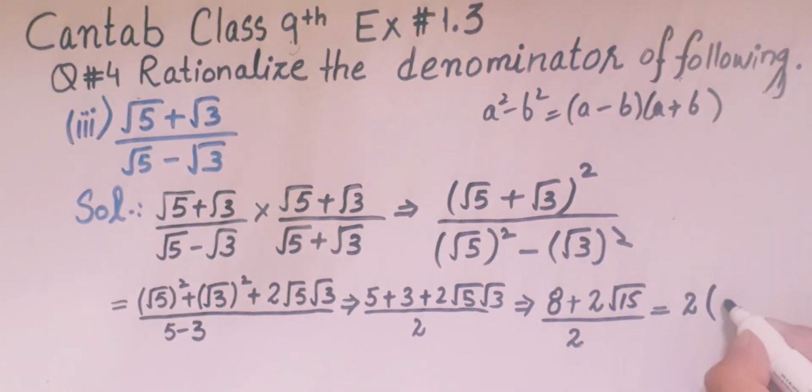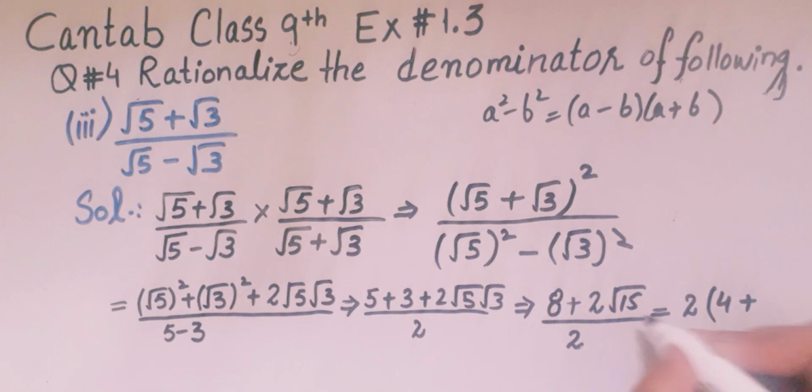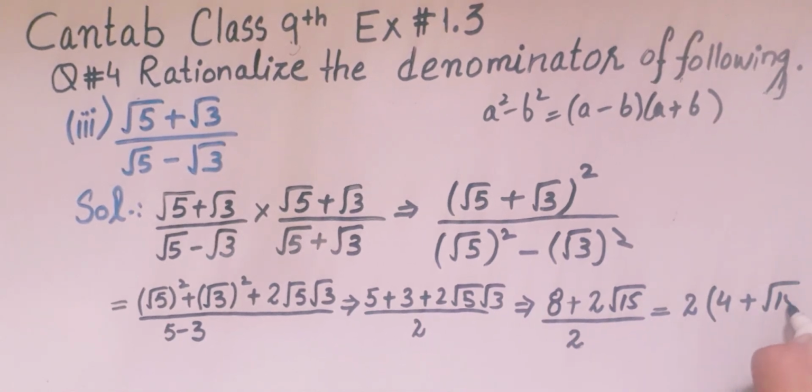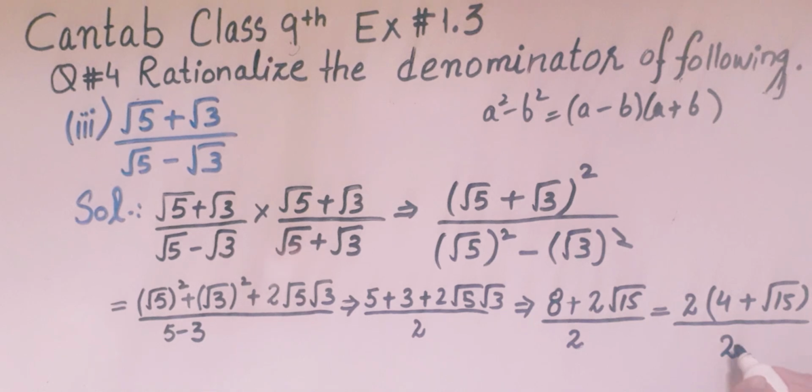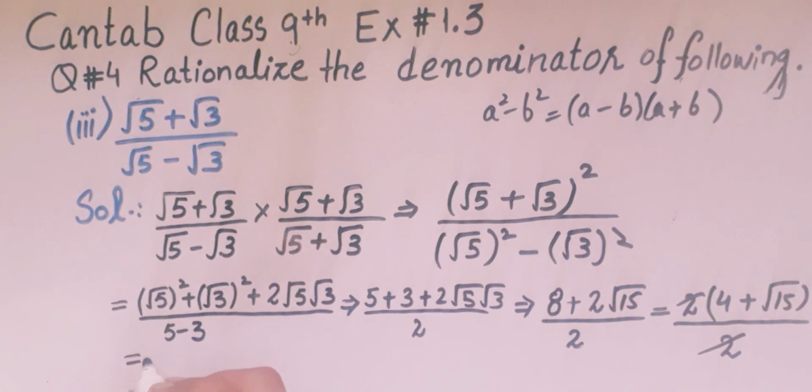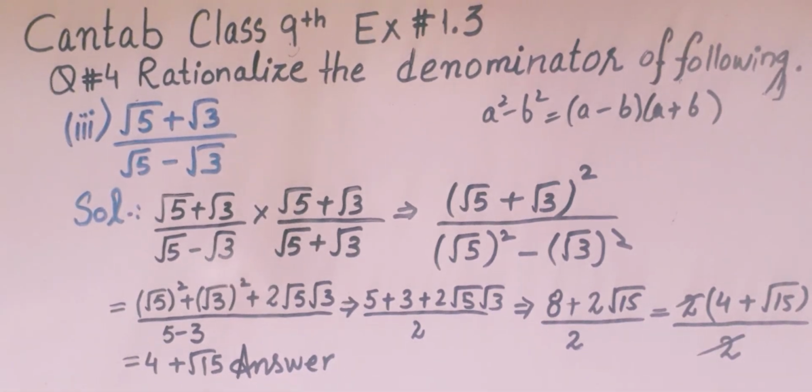So 4 plus square root of 15 by 2. So this 2 will be cancelled by this, and we have 4 plus square root of 15, answer of this part. I hope you understand easily.